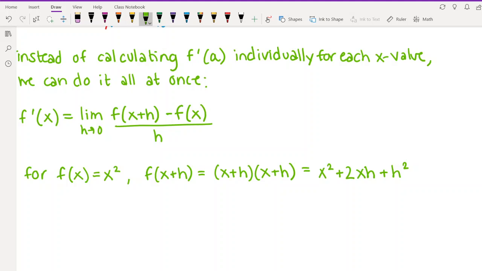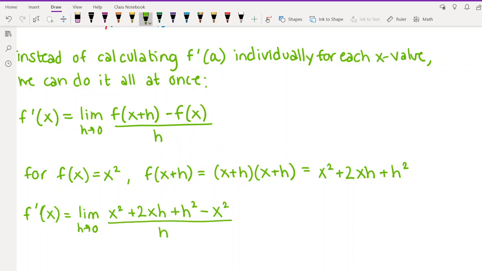And so now we can put that into our equation. So f prime of x is going to be equal to the limit as h approaches 0 of x squared plus 2xh plus h squared minus, and so now we have to subtract f of x, and f of x was just x squared, right? That's just our original function, all divided by h.